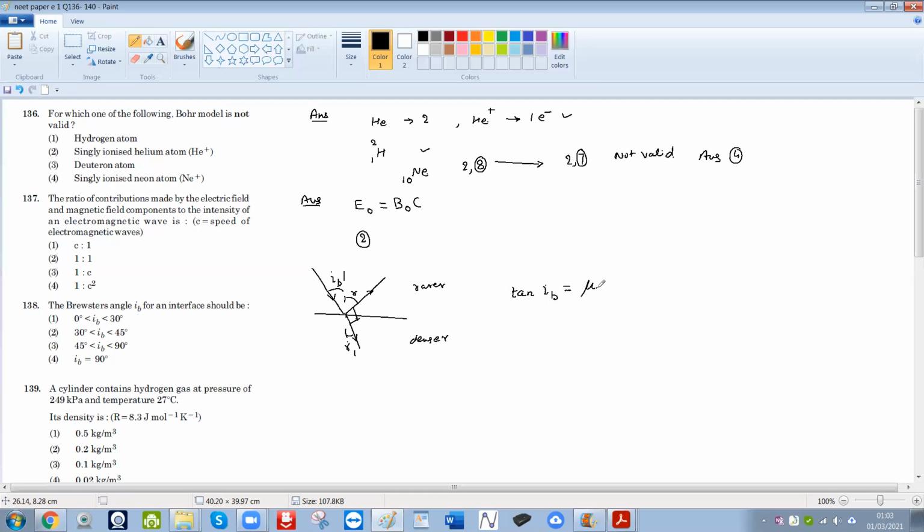Now, since value of mu is always greater than 1, hence you can expect IB to be taking values greater than 45 degrees but less than 90 degrees. Clearly, IB cannot extend beyond 90 degrees. So correct option for question number 138 is third option.